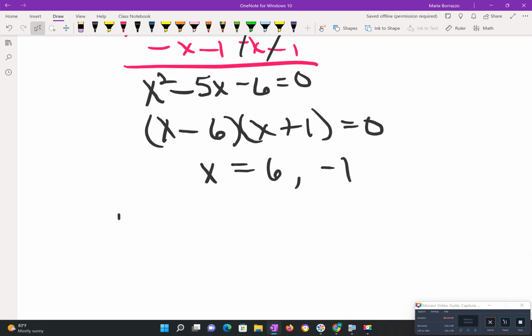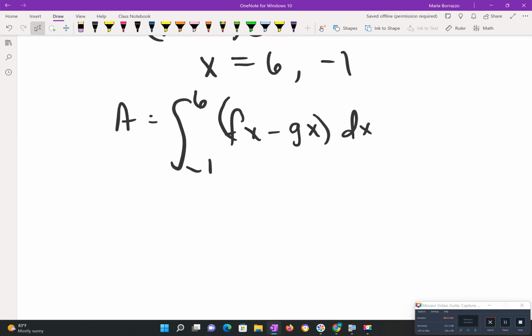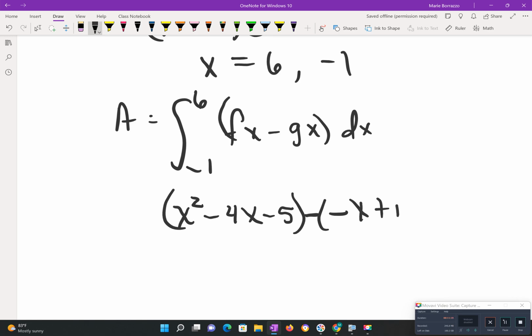So if I take the area, it's going to be equivalent to the integral from negative 1 to 6 of f of x minus g of x, obviously dx. So if we employ this process, we're going to get x squared minus 4x minus 5, and then this is minus g of x, which is x plus 1.